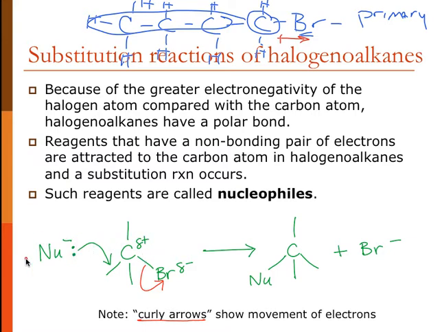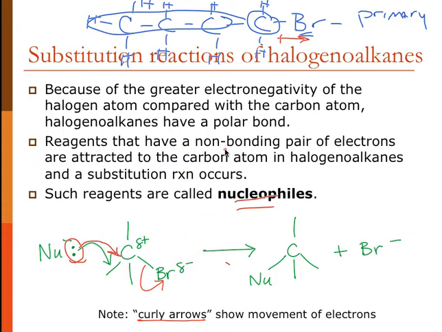There will be a reactant known as a nucleophile. These are attracted to the positive charge. So these nucleophiles with this unshared electron pair are going to be attracted to this carbon. They're going to come in and kind of push this bromine out and make a new bond with this carbon.